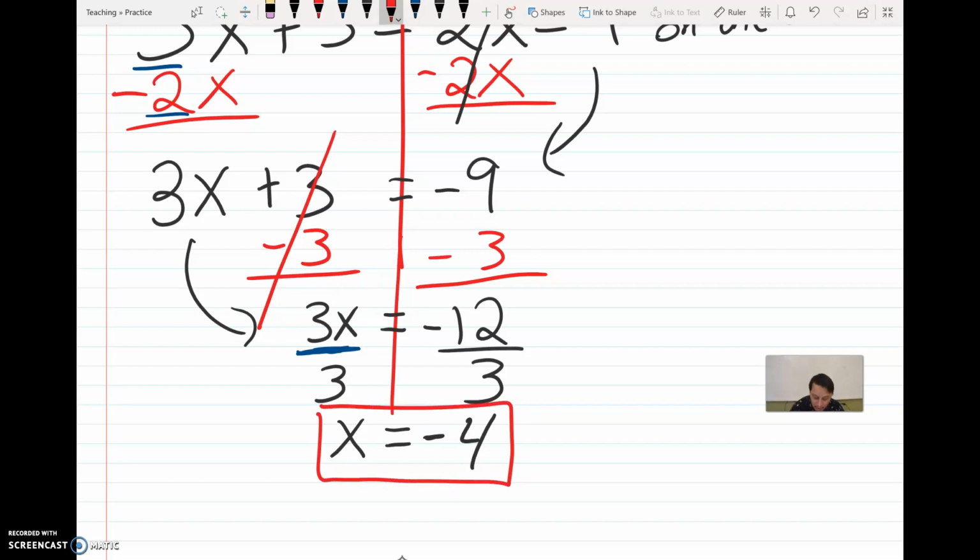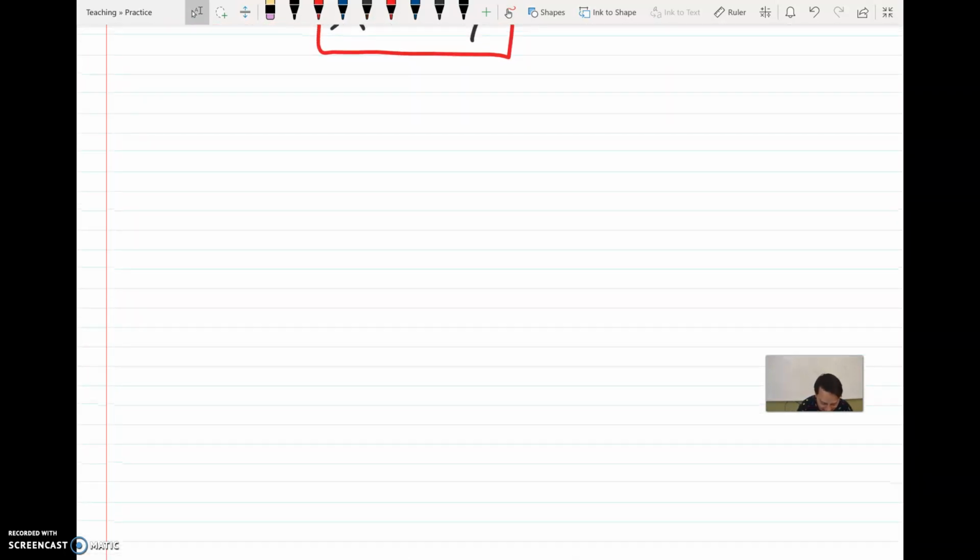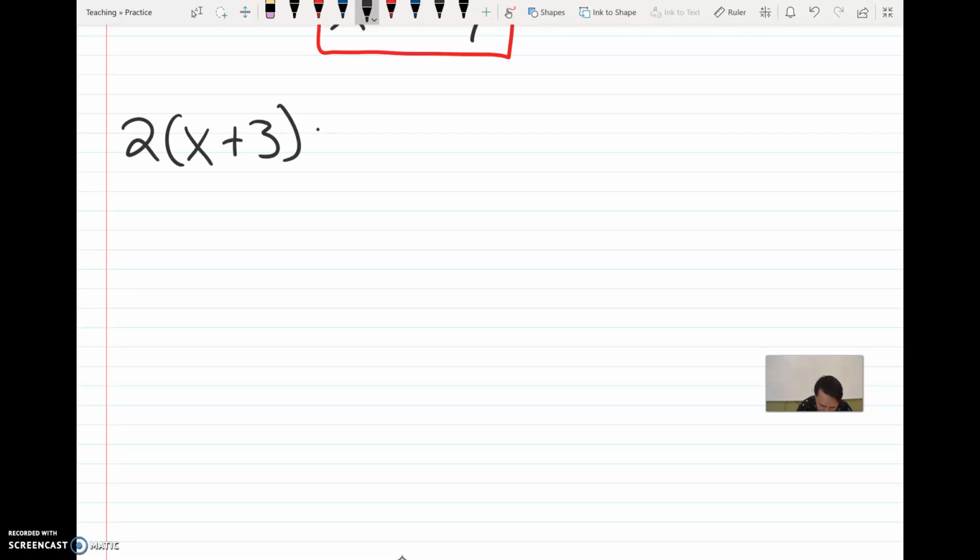Awesome. Let's go ahead and do one more. I have 2, open parentheses, x plus 3, close parentheses, equals negative 5x minus 8. All right, we're adding one more step here, guys, because we actually have to do distribution.